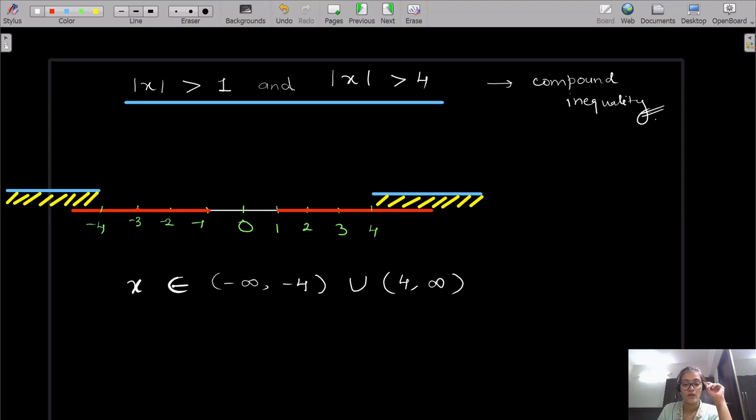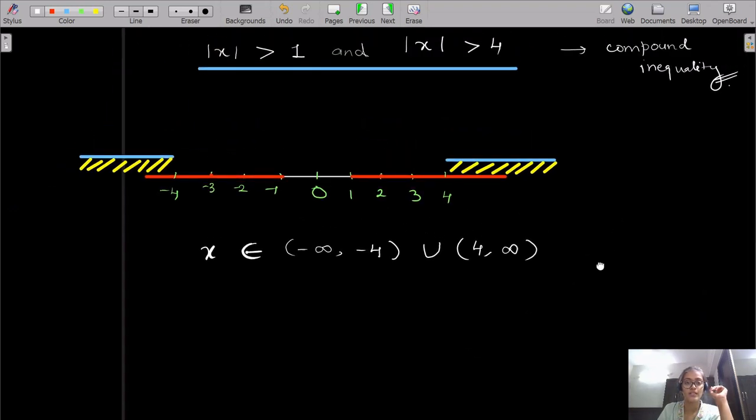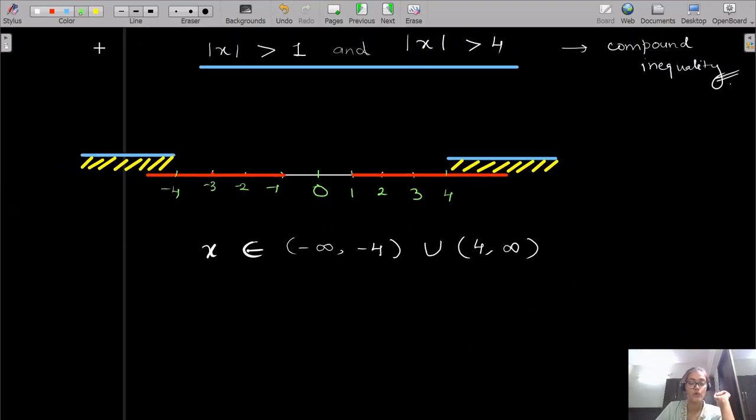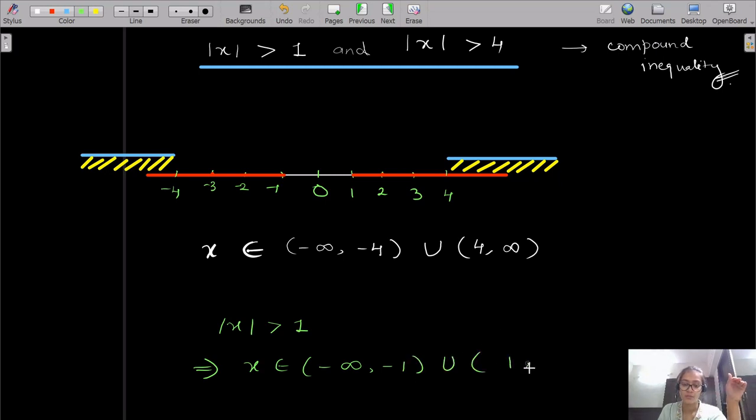Okay, now if you ever get a question like this, for instance, if you just had absolute value of x is greater than 1, so the solution for this inequality is x belongs to negative infinity to negative 1, all the numbers which are less than negative 1, and all the numbers which are greater than 1, so 1 to infinity.